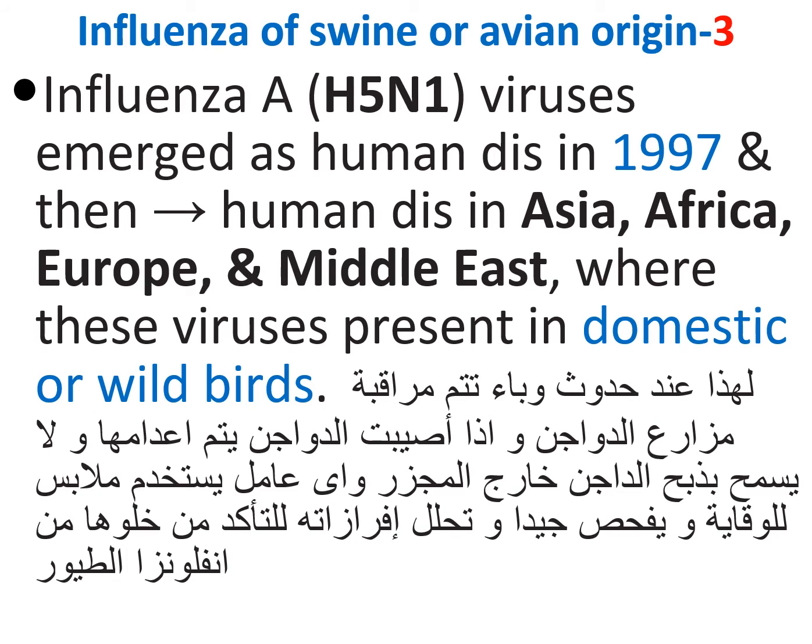So when an epidemic occurs due to avian influenza, the poultry farms are observed. If any of the poultry has influenza, it is culled, and slaughtering of this poultry is not allowed outside the slaughterhouse.